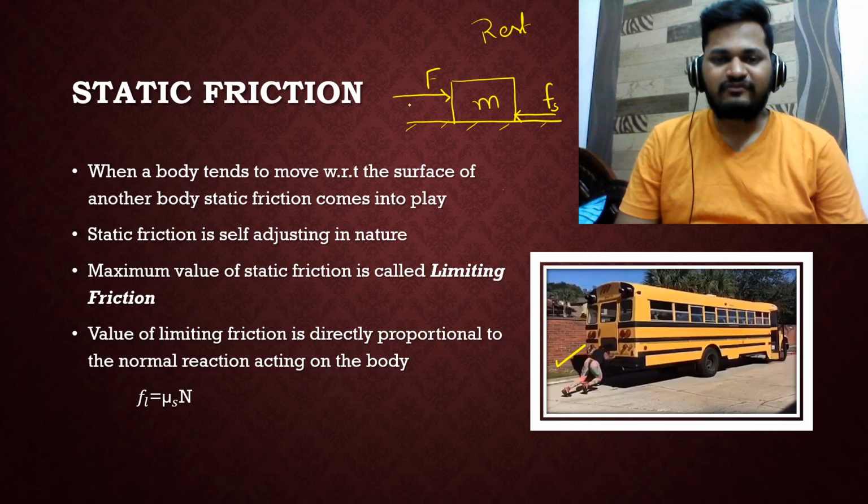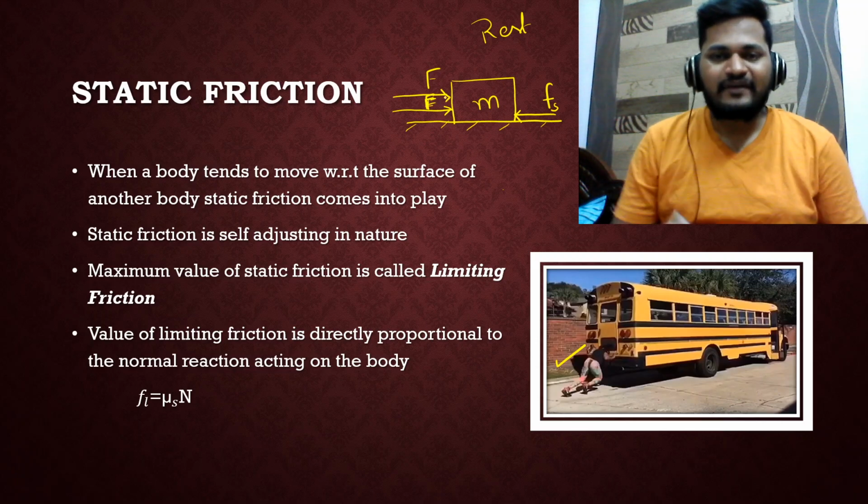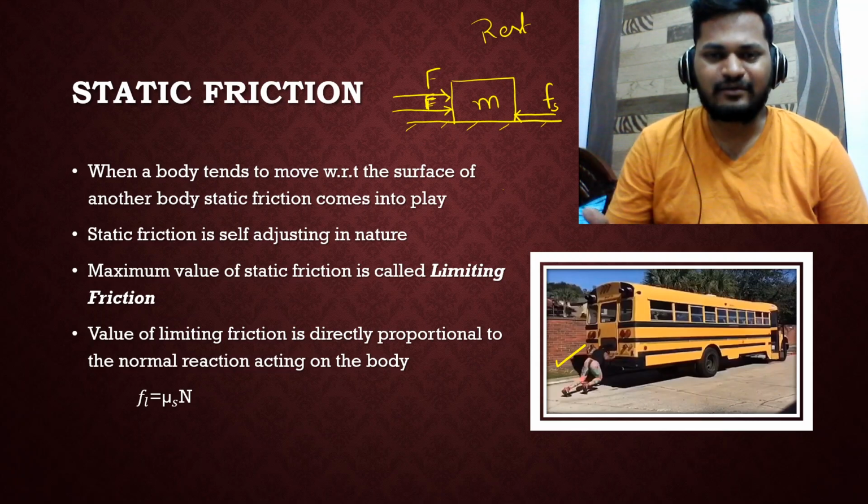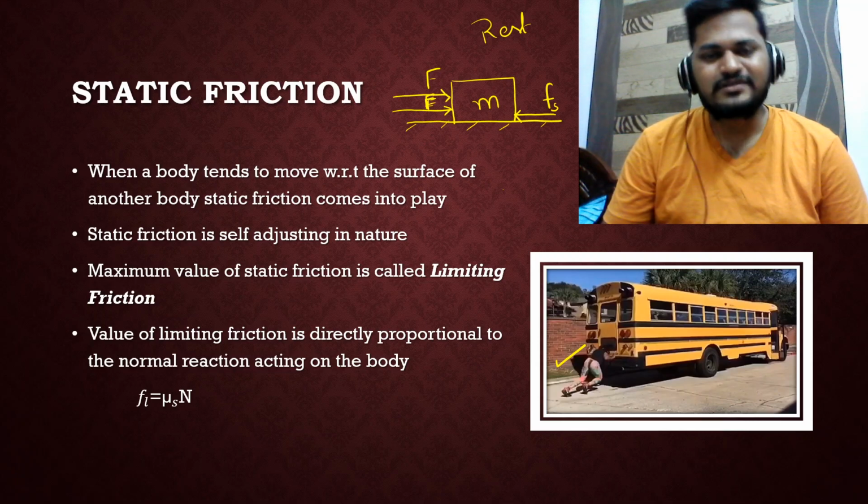Suppose instead of F, now I applied 2F force. Still the block is not moving. Initially when F force was applied and the block is not moving, then the static friction value is also equal to F, because it is at rest, it is in equilibrium, meaning net force is 0. Now 2F is applied, still the block is at rest, so now the static friction value is 2F.